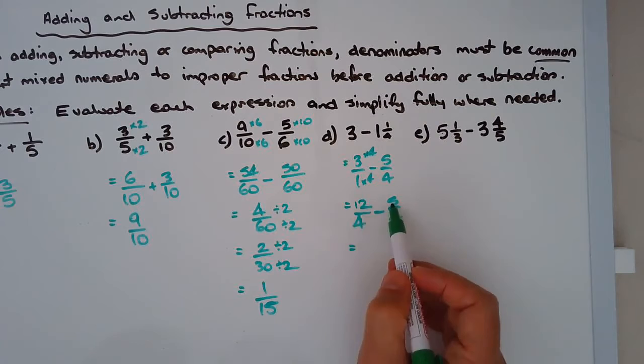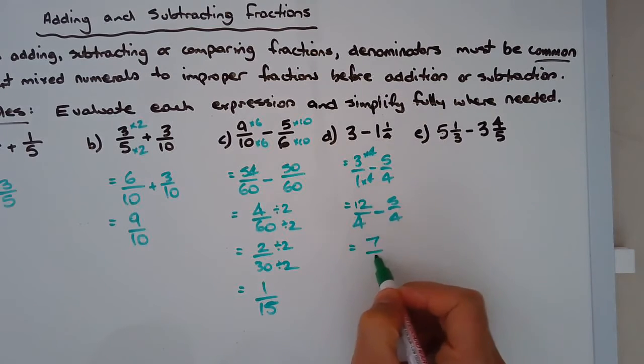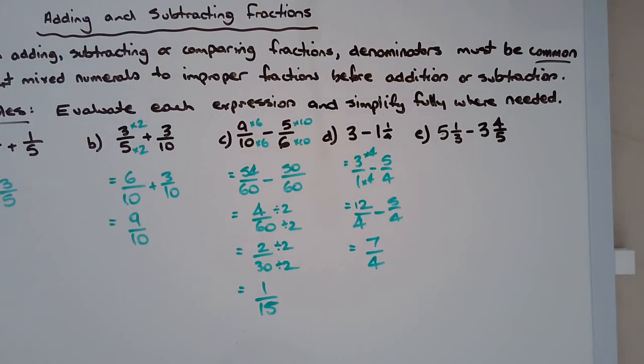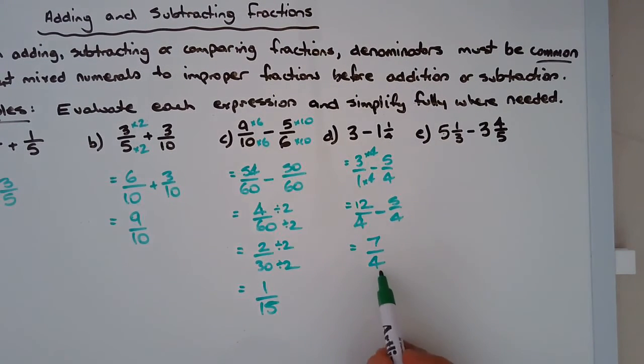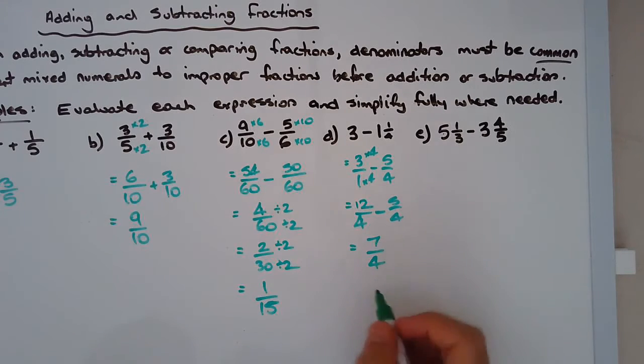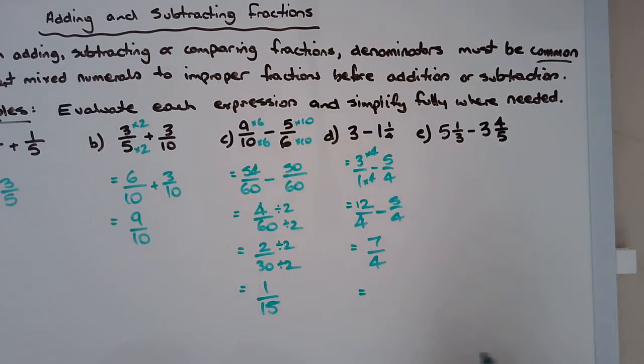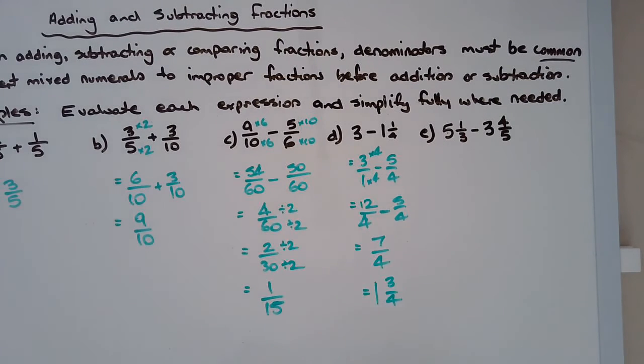So 12 minus 5 is 7. All we need to ensure is that the denominators of both fractions are identical to each other. We don't have to do anything else. 7 on 4, if we need to convert that into a mixed numeral, 4 into 7 goes once, remainder 3. And we write the remainder as a fraction, 3 over 4.